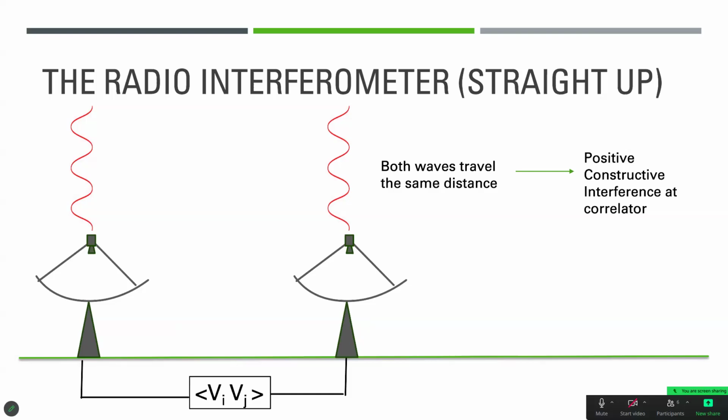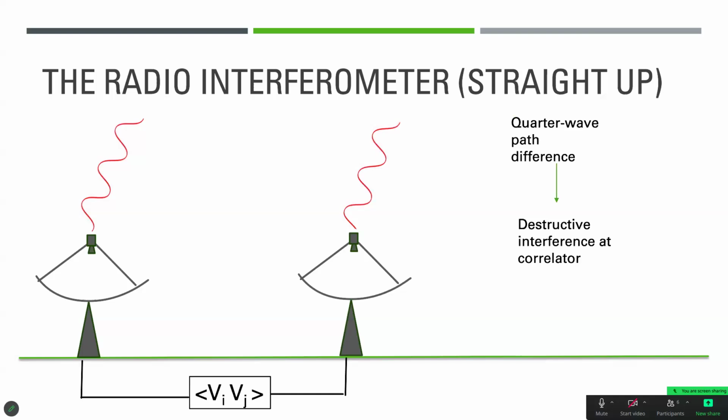Your light waves come in perfectly in phase because they travel the same distance, and we multiply them together. The tricky part with multiplying is that we now have to distinguish whether the number we get out is positive or negative. If this is positive and this is negative, well, it's negative. So if they're in phase, we get positive constructive interference.